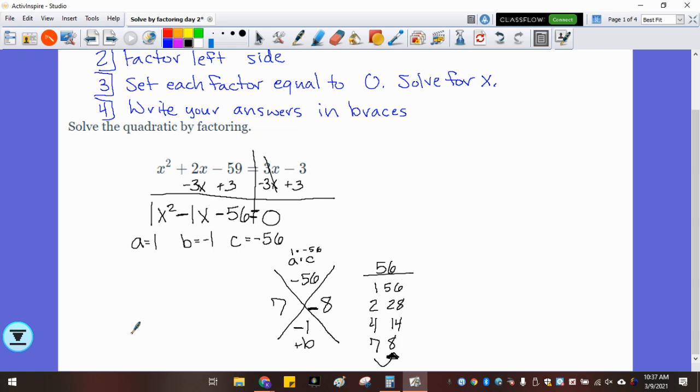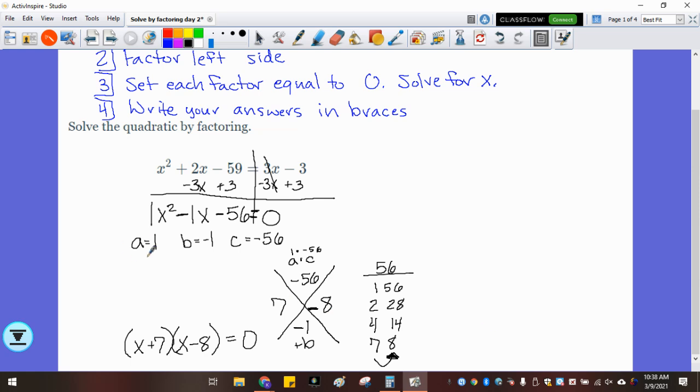All right, since a equals 1, I'm going to skip our box method and jump straight to my parentheses. So to get x squared, x times x is x squared, and you use your numbers, +7 and -8.